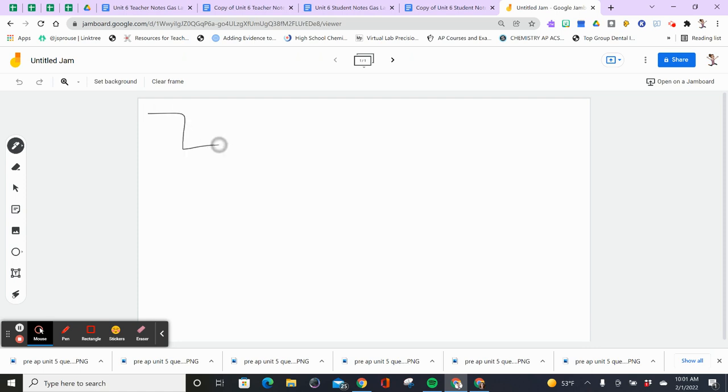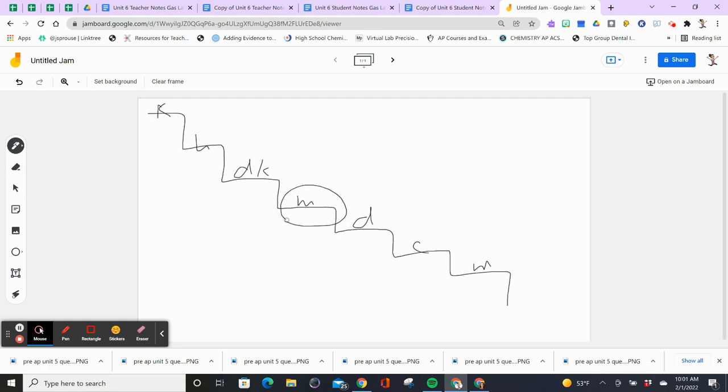And so I drew the stair step, and we have kilo, hecto, deca, then meters, liters, or grams, then deci, centi, and milli, okay? The thing to remember about this is what's called our base unit. So kilo is 1,000 times bigger than the base unit.